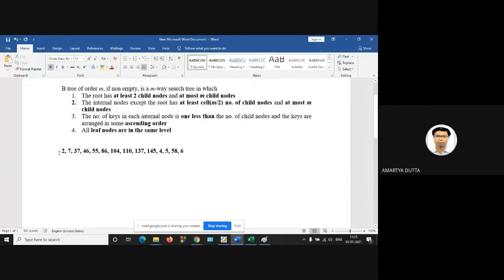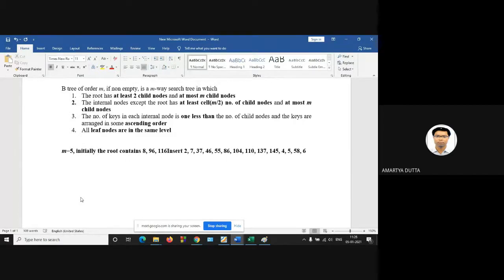So my question is that your m value is 5, it is given. Now insert these.